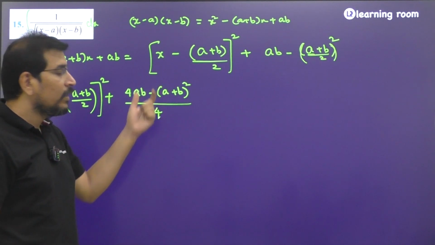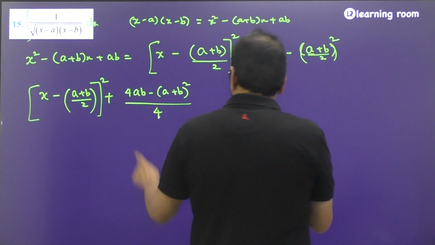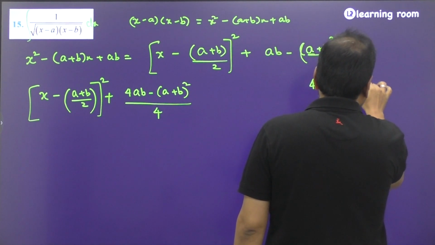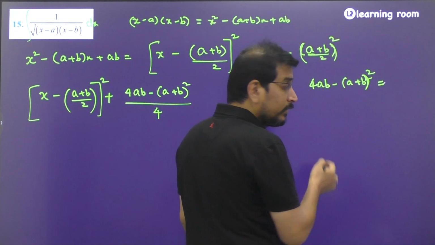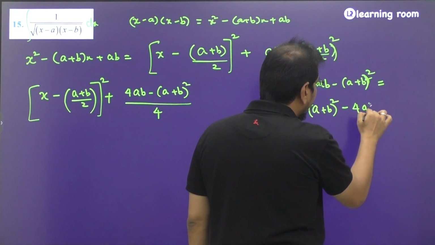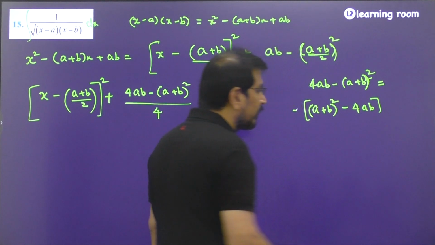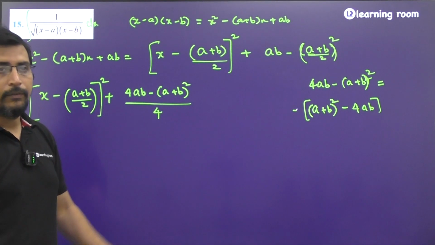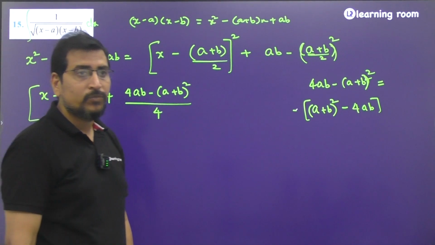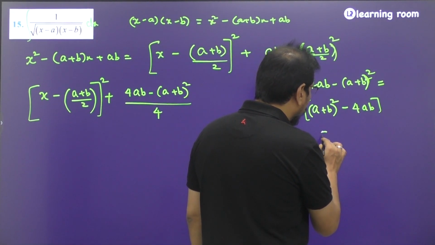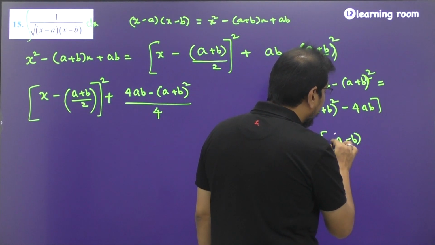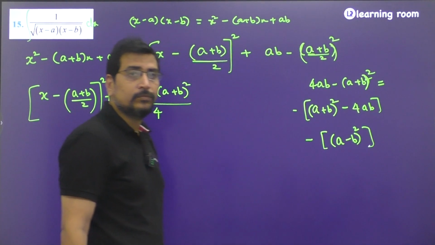Now, 4ab minus (a plus b) the whole square can actually be written as minus of ((a plus b) the whole square minus 4ab), by taking the minus sign outside. And (a plus b) the whole square minus 4ab is actually (a minus b) the whole square.